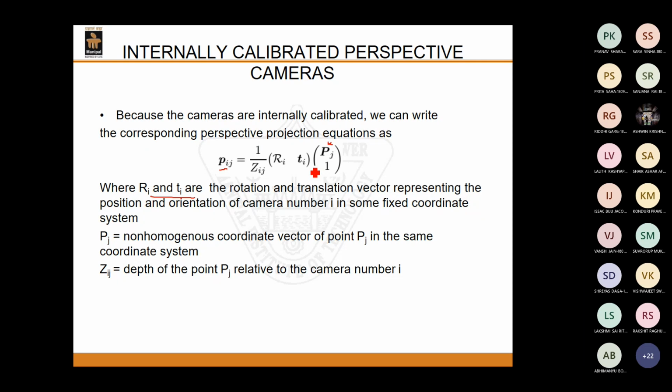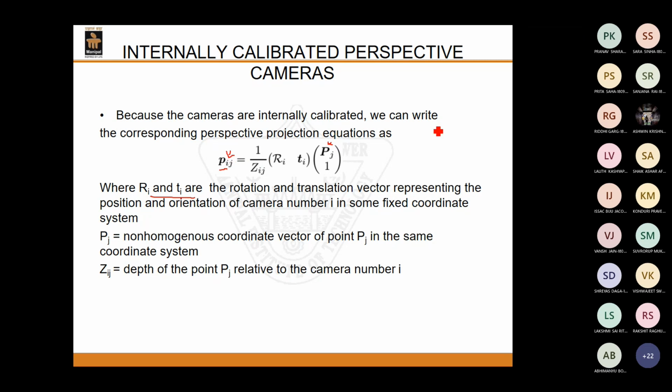Now one of the important properties in an internally calibrated perspective camera is that if we are doing a rotation and translation, the image point would still remain the same.